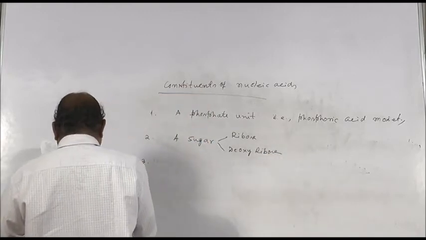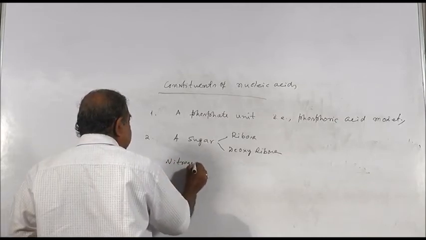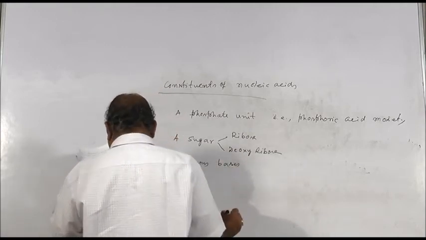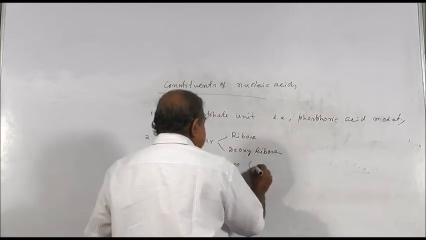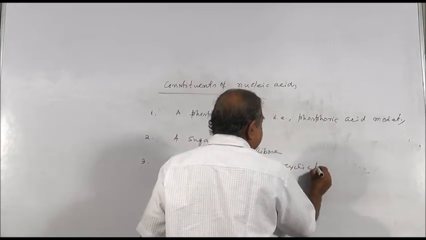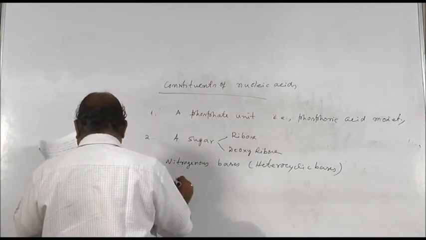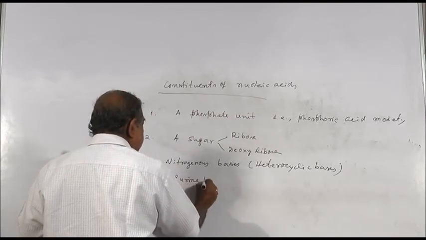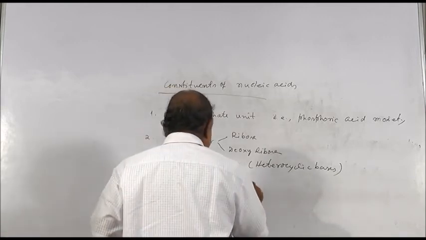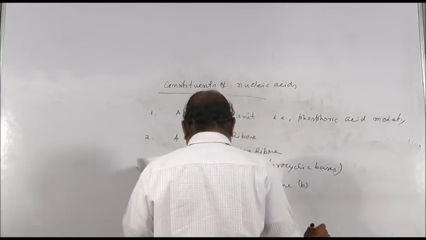Third, it contains a nitrogenous base, mostly heterocyclic bases. These are again two types. One is called purine bases, under which we have adenine and guanine.